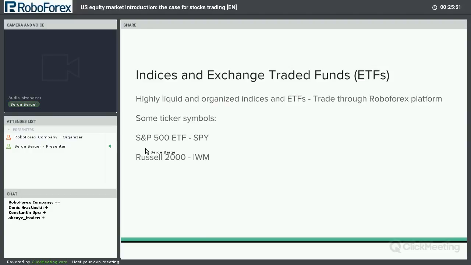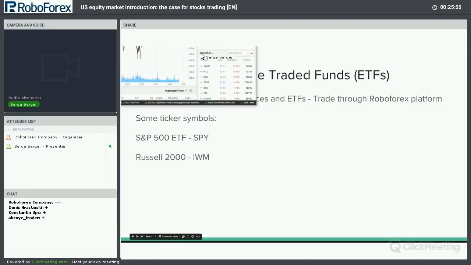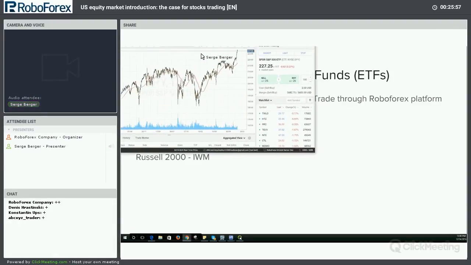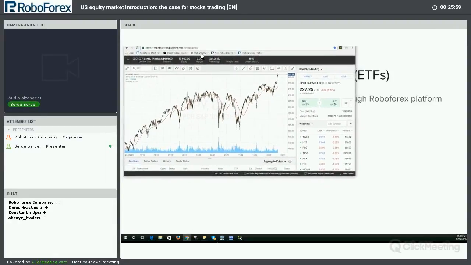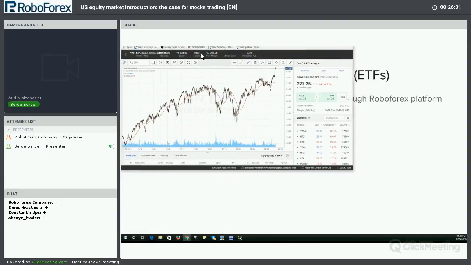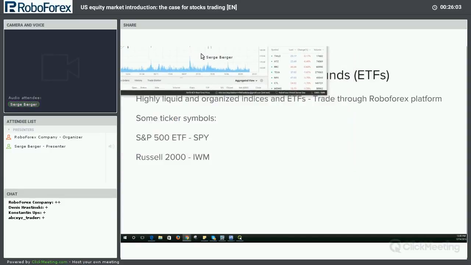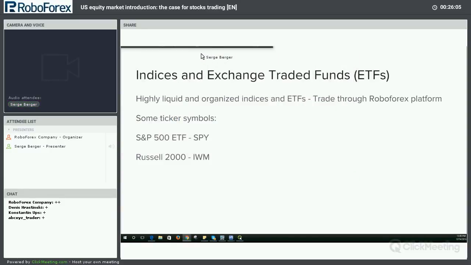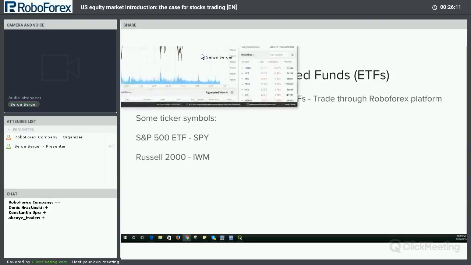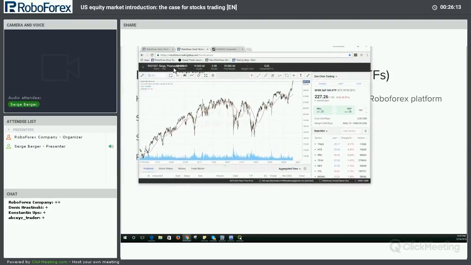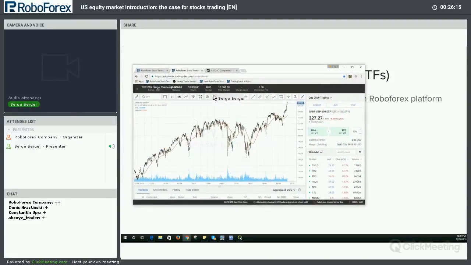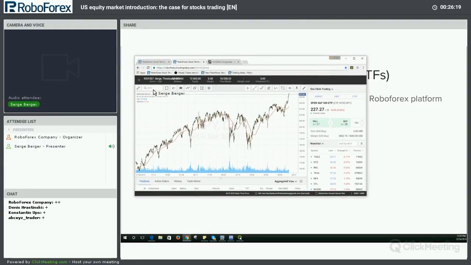The companies trading in the Russell 2000 or in the IWM ETF, let me quickly show you what that looks like. Those stocks tend to be US centric, okay? So let me quickly arrange something. All right. So here is the trading platform for Roboforex for trading stocks.